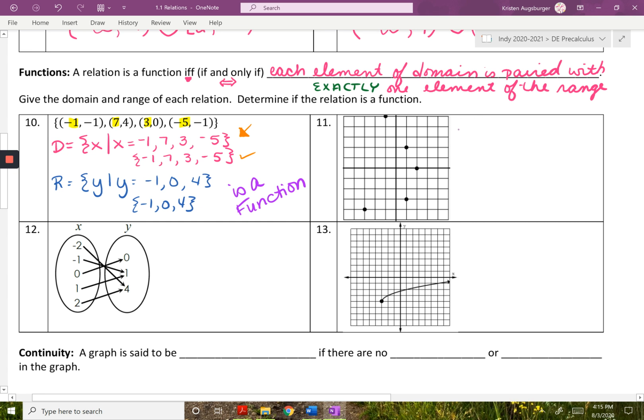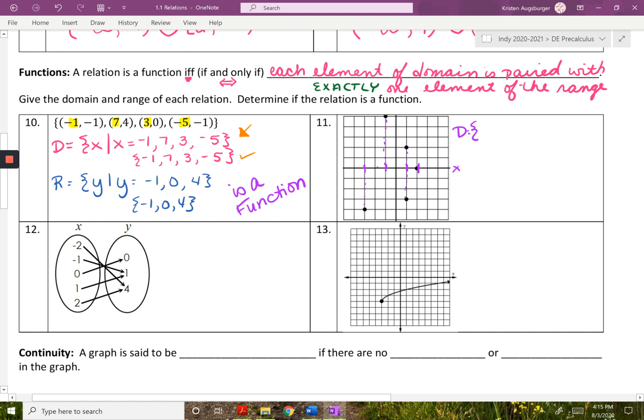I'll just take the shorter way to get to that. The x is my independent variable. All I'm doing is looking at the x coordinates.